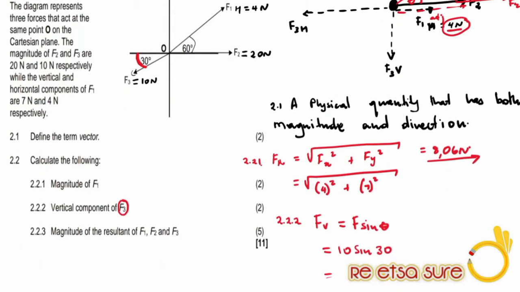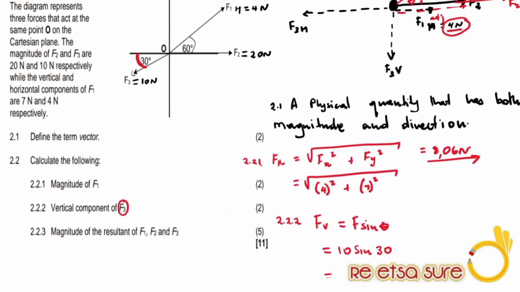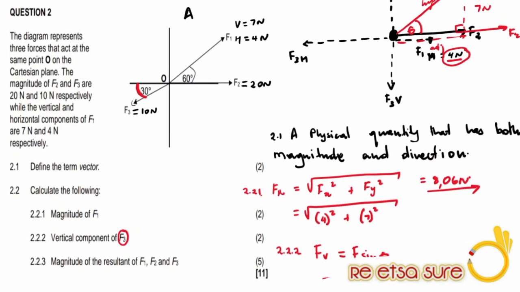Okay, let us go to 2.2.3. We are now required to calculate the magnitude of the resultant of F1, F2 and F3.